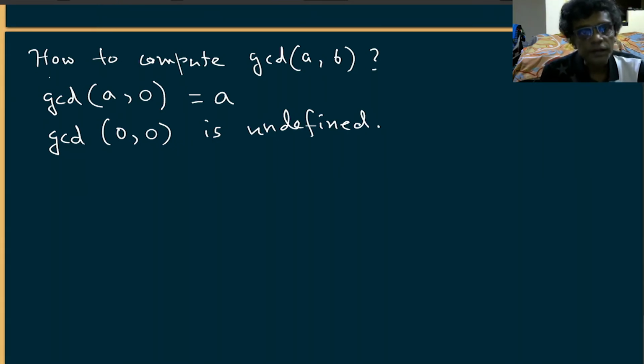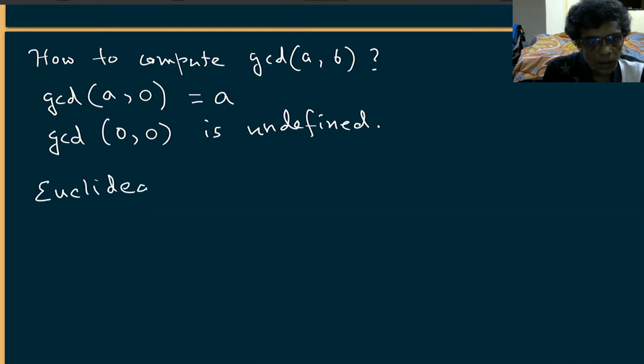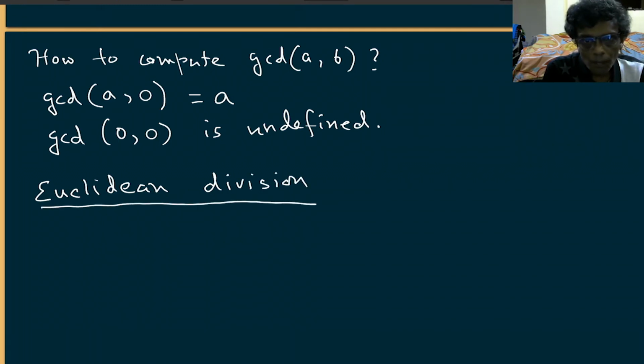Okay, so now let us come back to our question, how to compute GCD. For that we require something called Euclidean division. Okay.